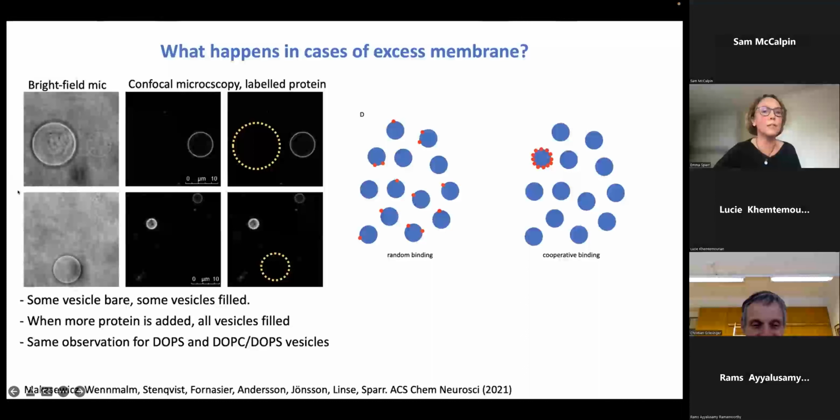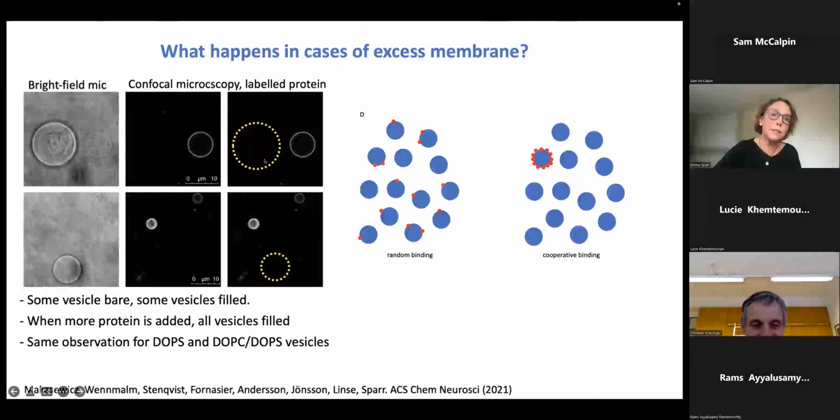And this is how we first realized it. Here are giant unilamellar vesicles. The left picture is in bright field, so we basically see all vesicles. The vesicles are not labeled with any dye. Then we add a small amount of labeled protein, so as not to cover all vesicles, below the saturation point. With respect to membrane, we have a high lipid protein ratio.